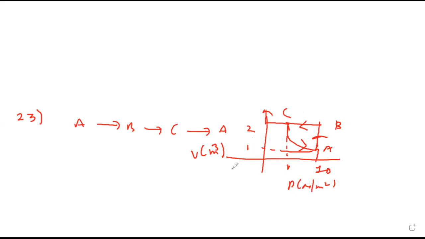An ideal gas is taken from A to B, B to C, C to A, as shown in the figure.